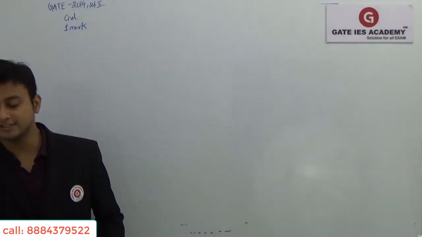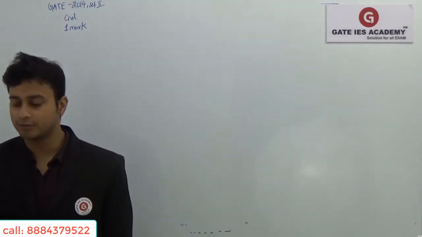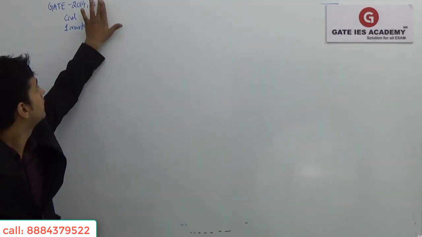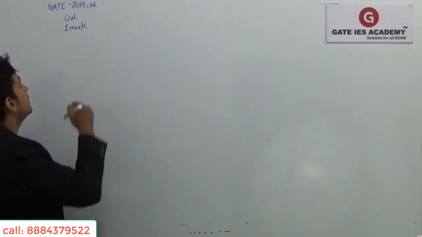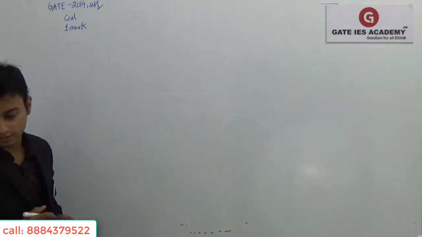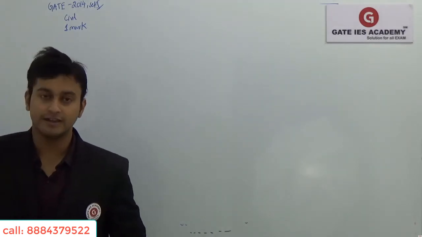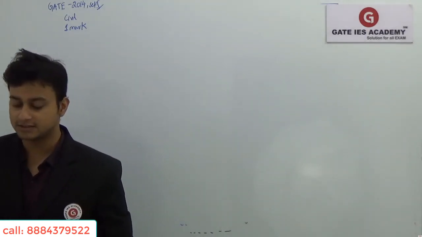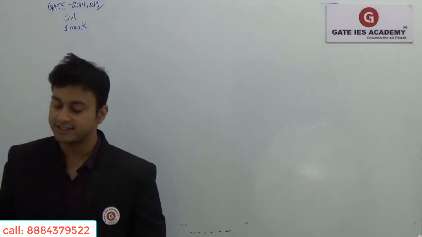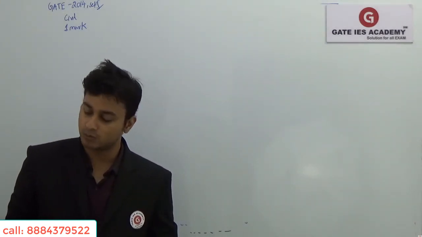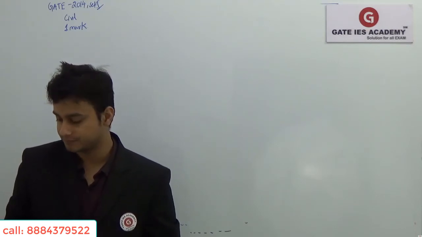Okay students, now let's discuss the next problem, that is from GATE 2014, set 1. The question is, a given cohesionless soil has Emax equal to 0.85 and Emin equal to 0.5.